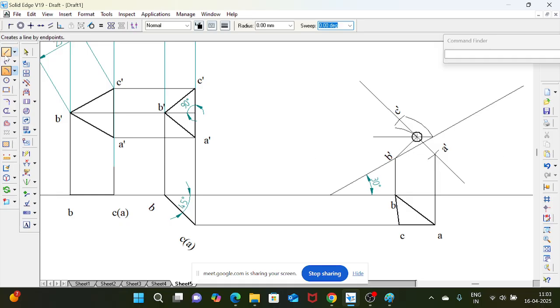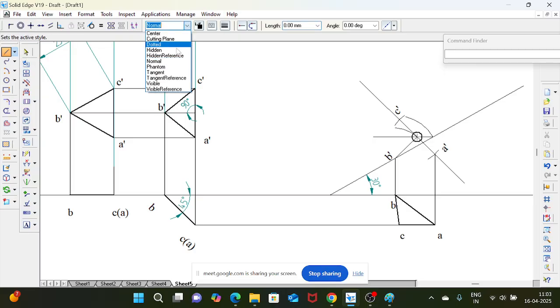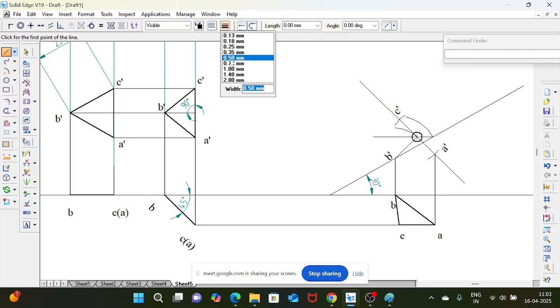Then this will be the C point, this will be the A point, and you join the line. C point, A point. In manual drawing, I am talking about. In manual drawing you will do like this.